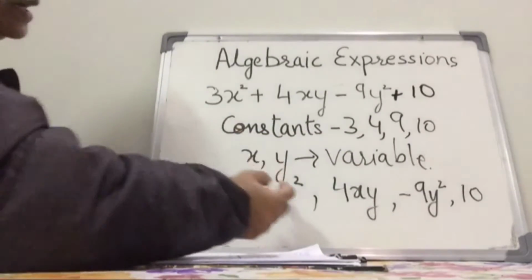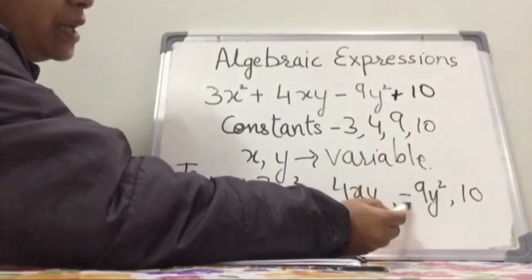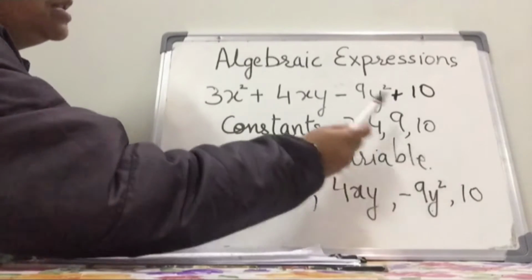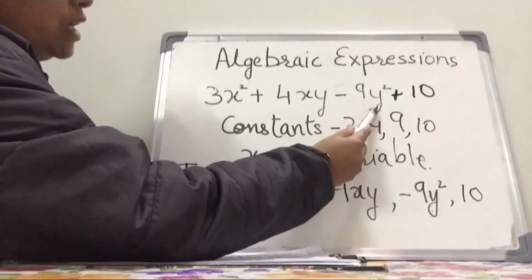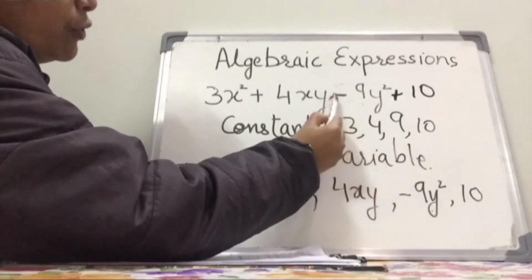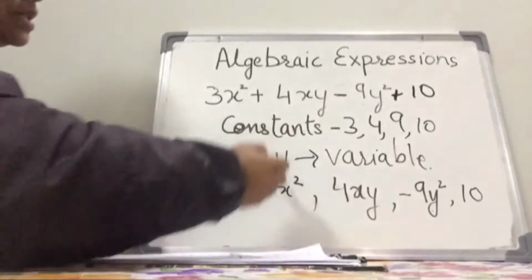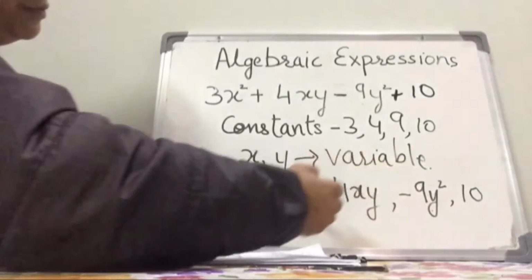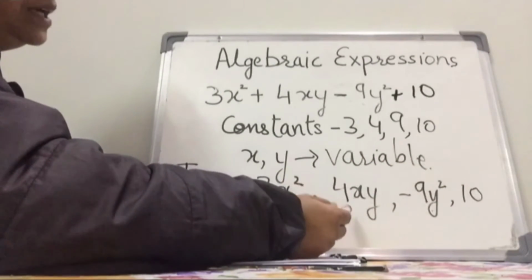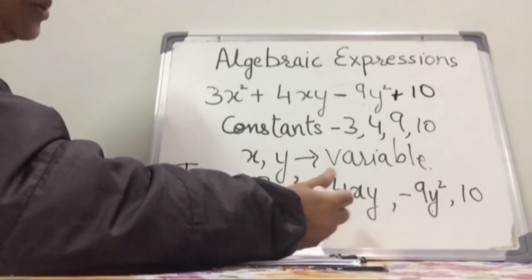Here you see that I have written a minus sign with 9y² because this term is a negative term and it has a minus sign before it. And these terms are positive terms, for which we need not write the plus sign. Plus sign is optional. We don't need to write it.